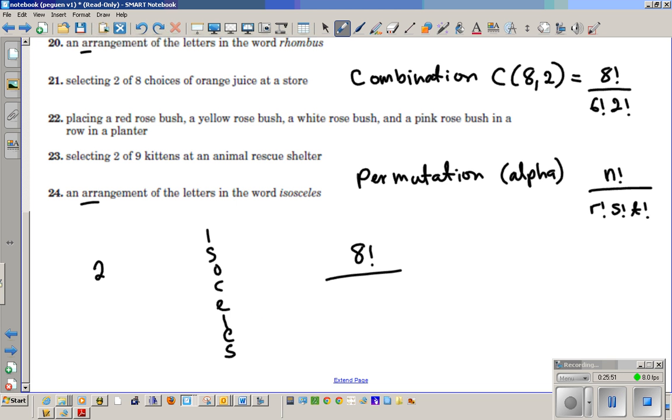Yeah, we have 2 E's right here and right here. And we have 2 S's. Any other repetitions? So we take out the S's, take out the E's. That's it. So to do this it's going to be over 2 factorial, 2 factorial. And then work this out, and that will give you an answer.